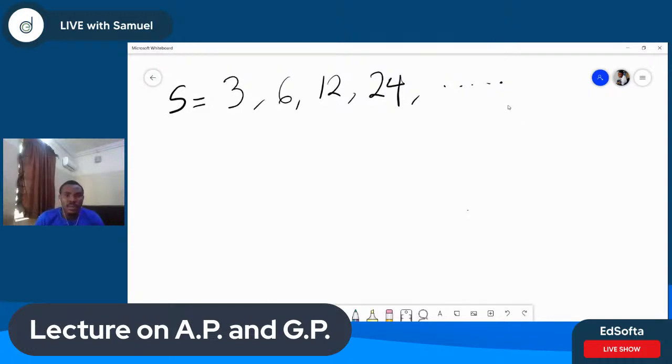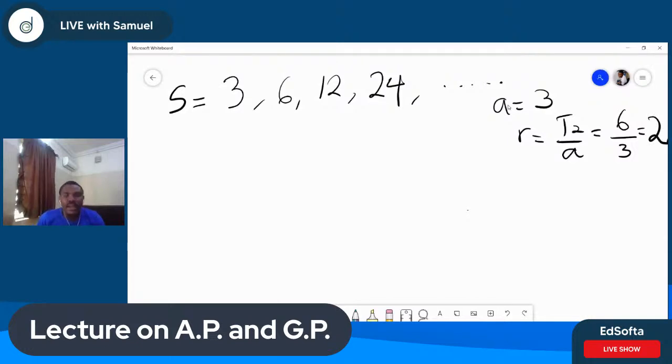So now for this, this is a very simple GP, where our A, as we all know it, is 3, and our R would be T2 divided by A. And what do we have? That will be 6 divided by 3, and that's 2. So our R is 2.